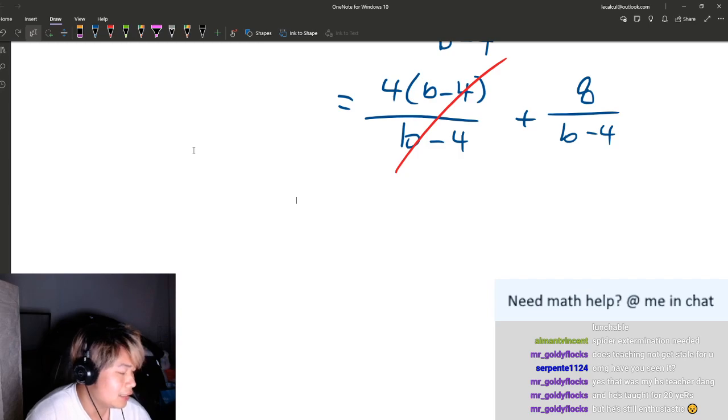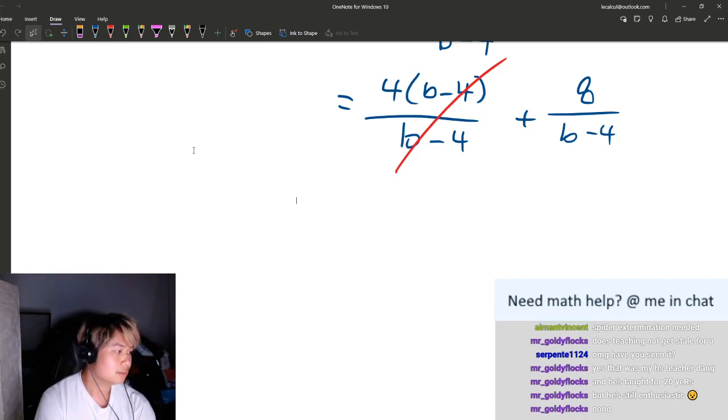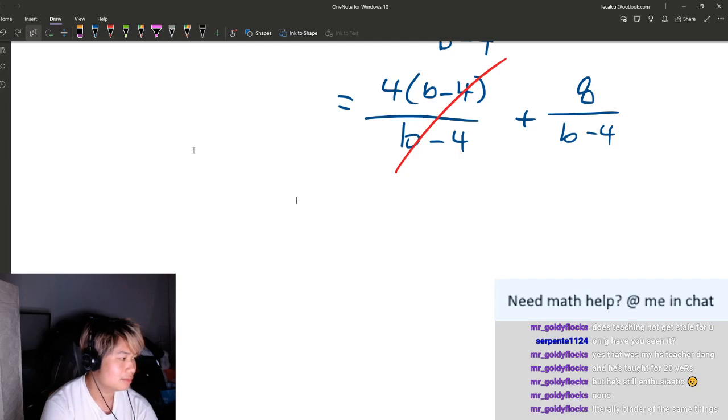Or that he's taught for 20 years and then he's gotten lazy and just pulls out a test from 5 years ago? No, what? Literally a binder of the same things. Yeah.